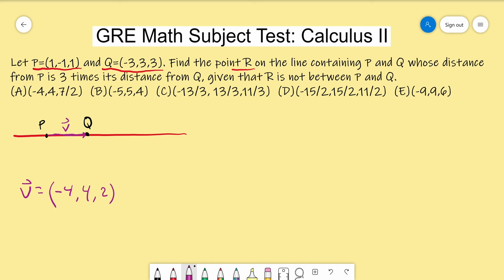So every point on the line is going to be of the form P plus some scalar multiple K times V.